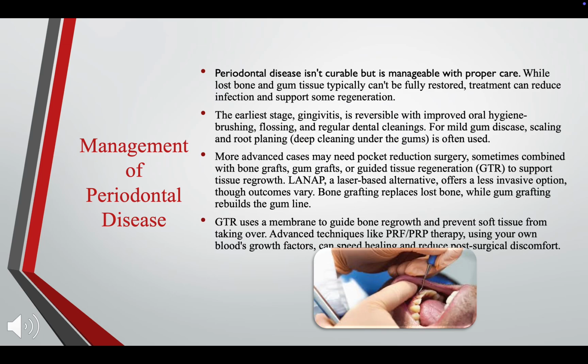More advanced cases may need deep cleaning, surgery, or regenerative treatments like bone and gum graft, GTR, or laser therapy. Newer methods like PRF and PRP use the body's own healing factors to improve recovery. By all these means, healing can be improved and post-surgical discomfort reduced very easily.